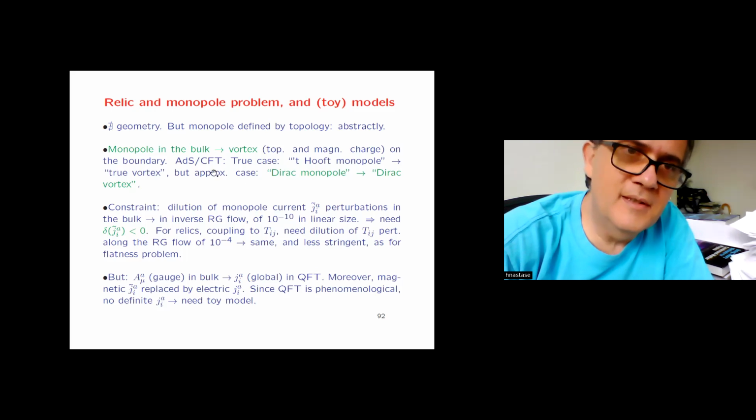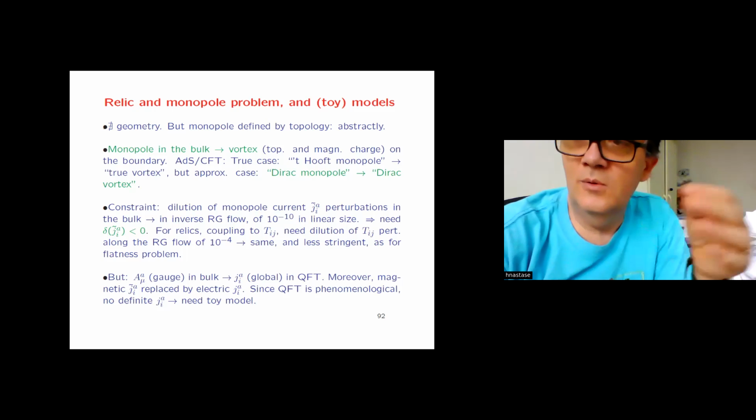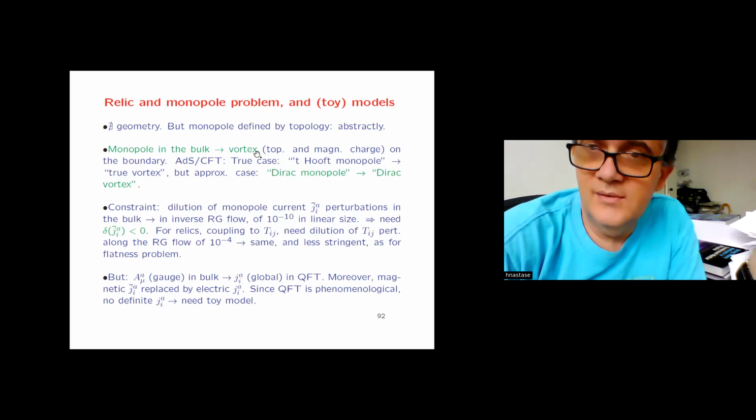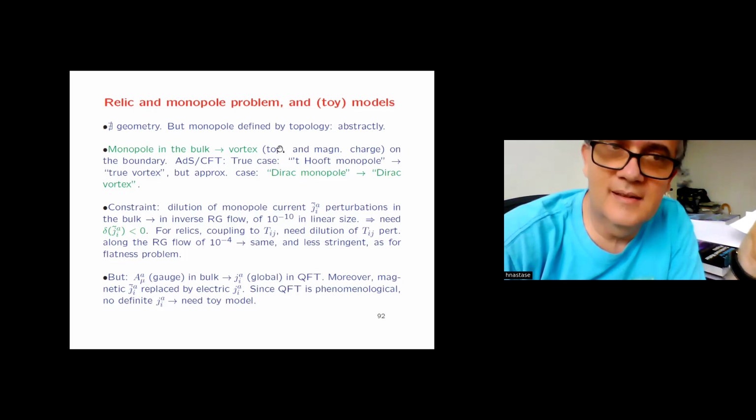So then let's consider a monopole in the bulk, and let's think what that corresponds to on the 3-dimensional boundary. That would correspond to a vortex, right? So something that is topological and has magnetic charge in 2+1 dimensions is a vortex.